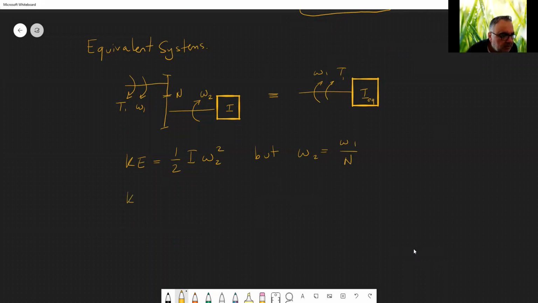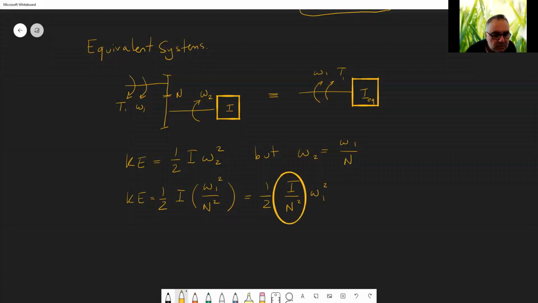So the kinetic energy can be written as 1 over 2 I times omega 1 squared over n squared, which is 1 over 2 I over n squared omega 1 squared. Now what is this? This is the equivalent inertia, I equivalent. So the equivalent inertia for a system is I over n squared.